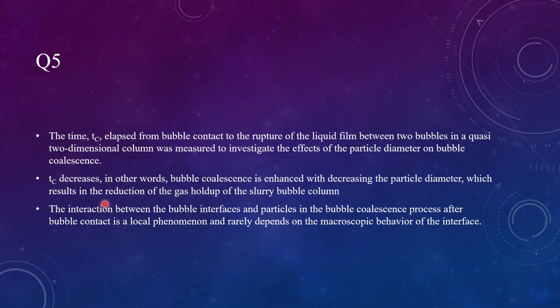What happens if the time decreases between two bubbles coming in contact and the rupture of the liquid film? If it decreases, it is known to enhance the bubble coalescence. It is enhanced with decreasing the particle diameter, which results in the reduction of gas holdup of the slurry bubble column. In other words, this interaction between the bubble interface and particles in a bubble coalescence process after the bubble contact is a local phenomenon.